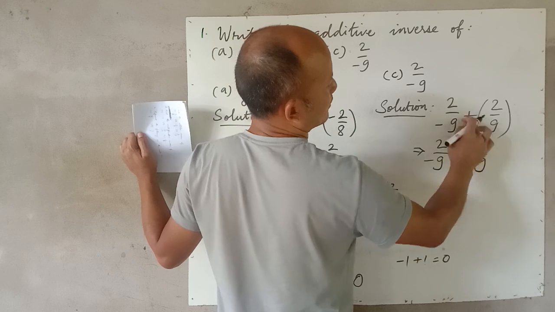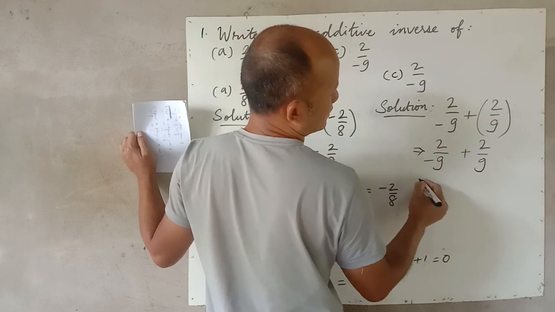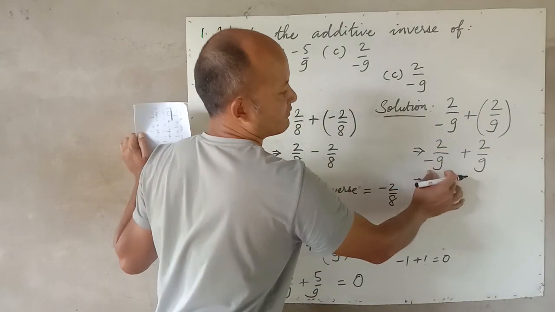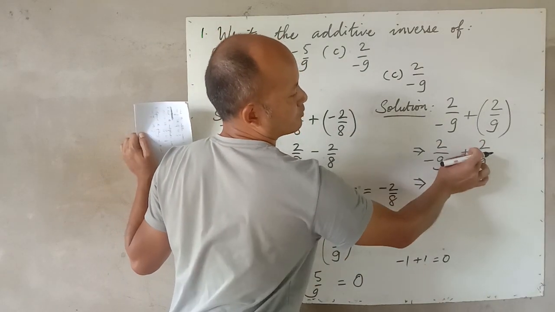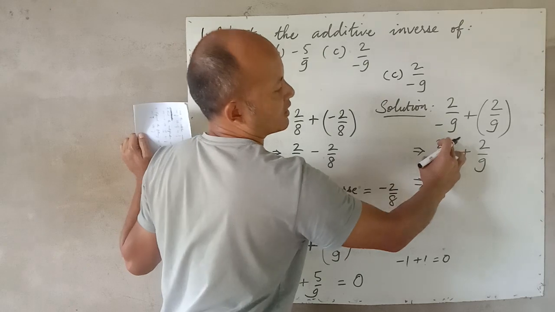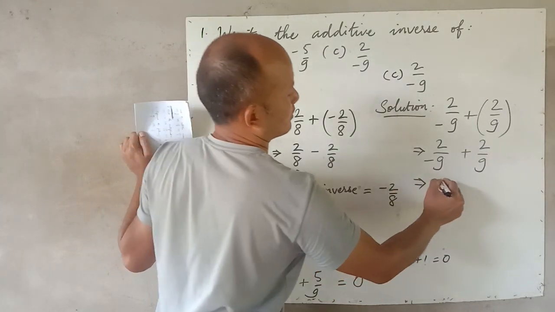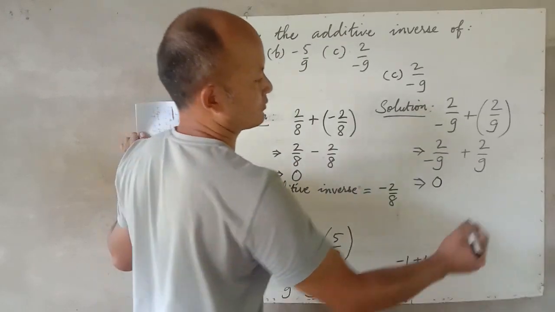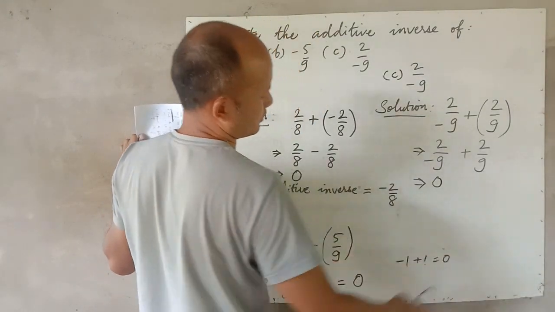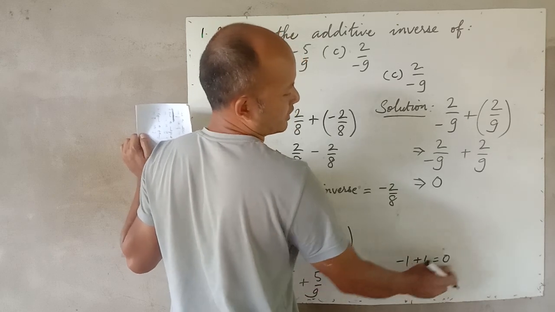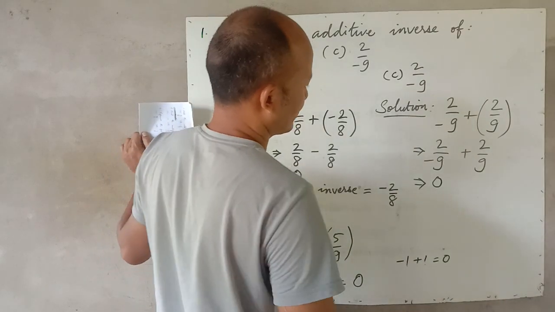This is negative, this is positive, they are opposite to each other. So when you sum up, the result will be 0. Minus and plus cancel out and they become 0.